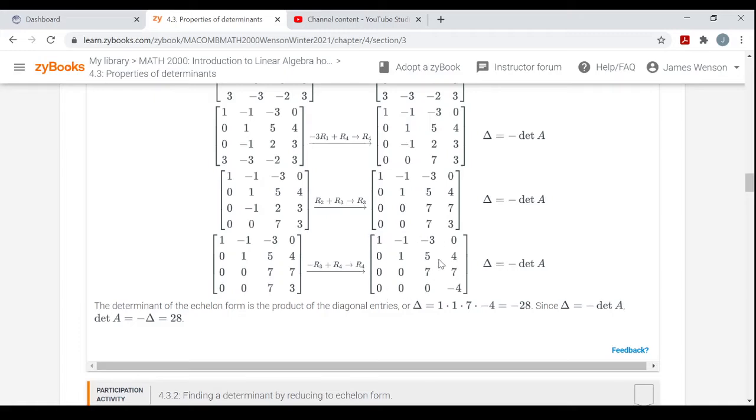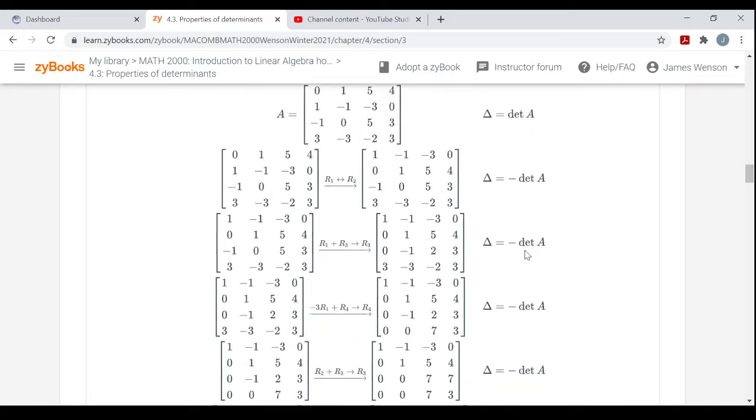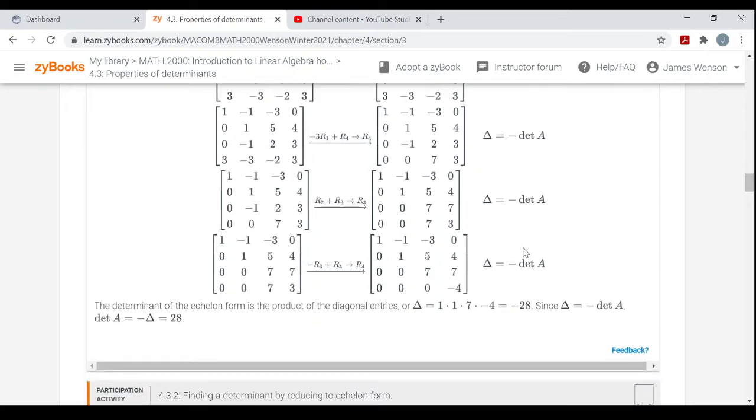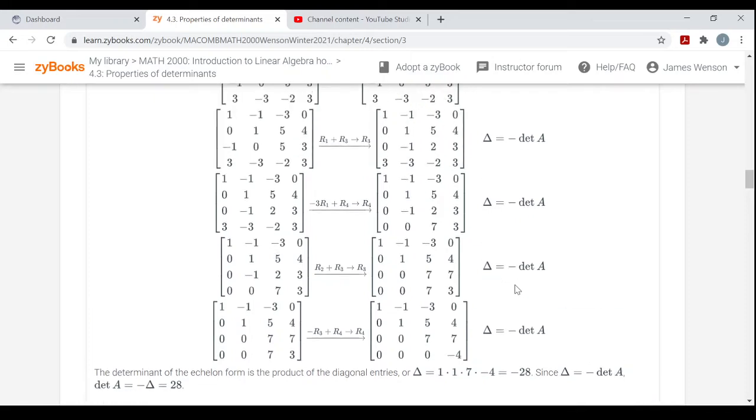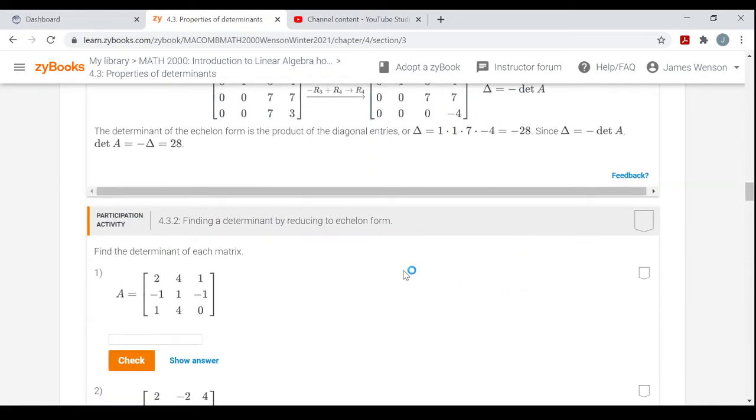It's upper triangular. And then also keep track. That's what they're doing off to the side here. Keep track of how the determinant is affected, and then solve for the original determinant when you're done. So I'm going to be doing this. Again, you can read through their example here. I'm going to be doing this with a little bit smaller one.